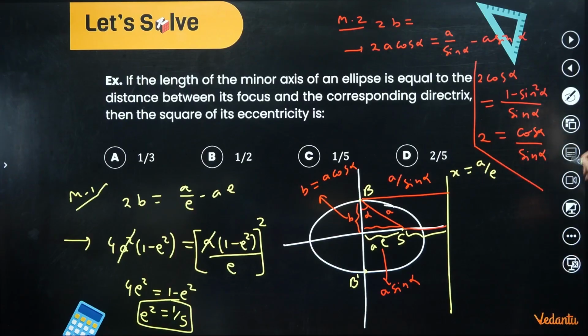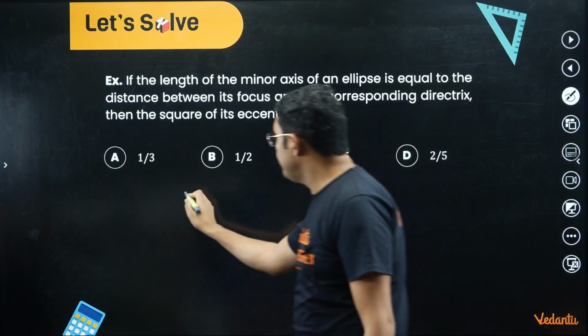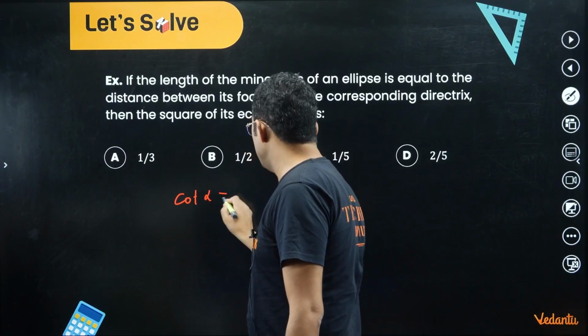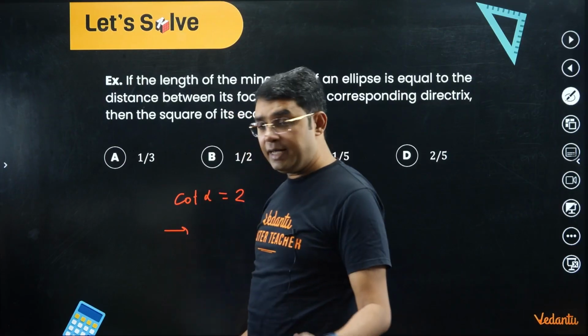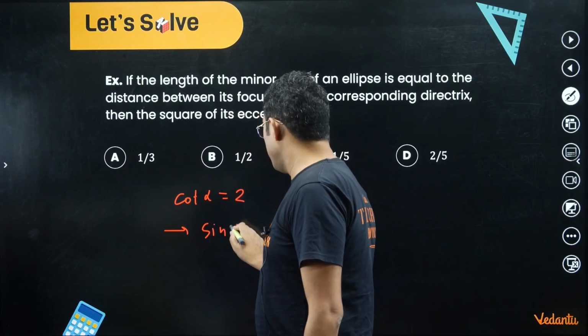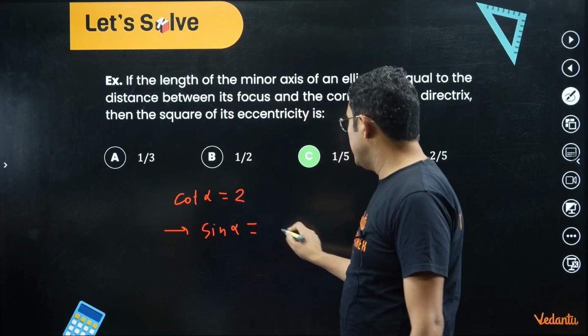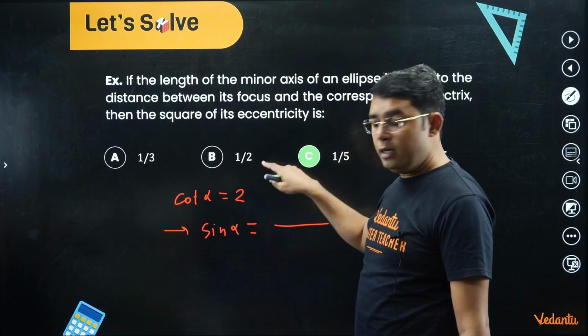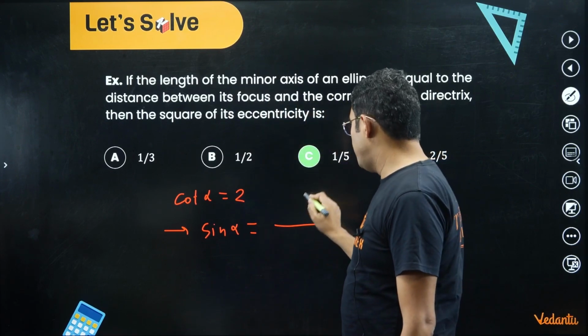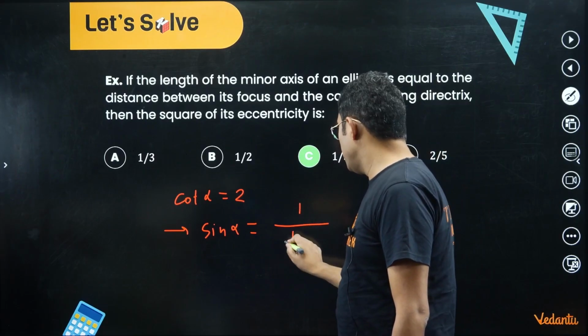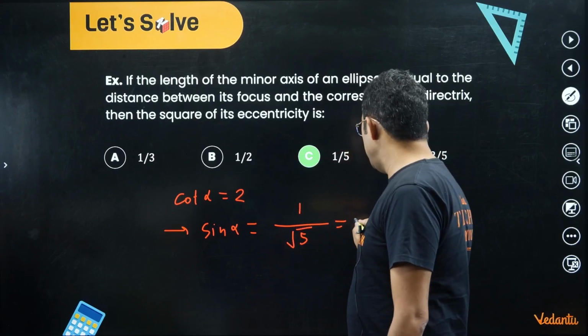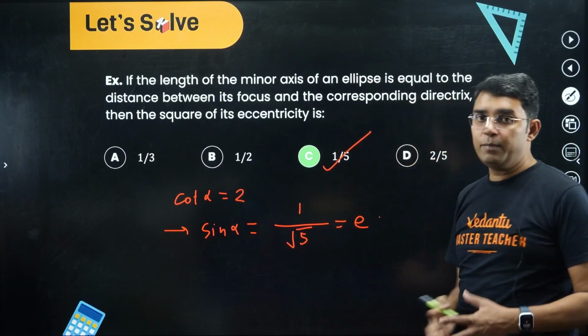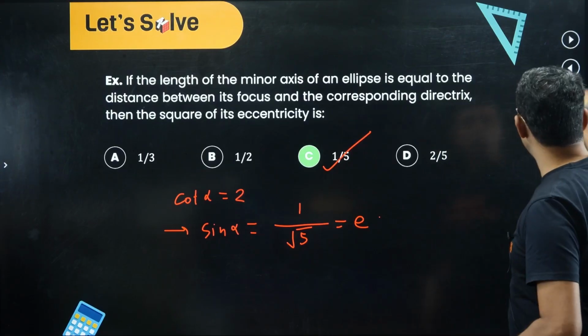So we are getting cot alpha is equal to 2, and we know eccentricity is sine alpha. From cot alpha to sine alpha, because this will be base upon perpendicular, perpendicular will be 1 and the hypotenuse root 5 here. So that is e, and the square of this would be 1 upon 5. So you can do it both ways.